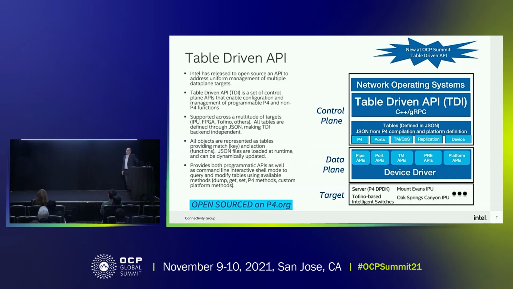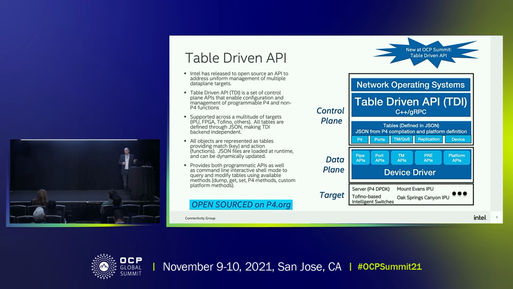One of the next things that we're going to announce today is the table-driven API. Now, I talked about this Intel intelligent fabric having the idea of multiple programmable data plane targets. So starting this week, today, Intel has released into the open source an API to address uniform management of those multiple data plane targets.